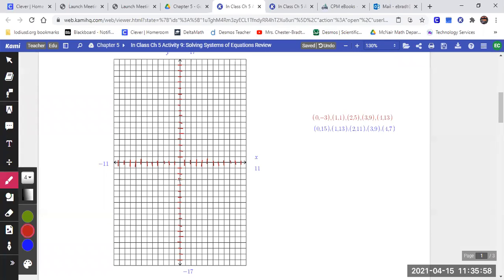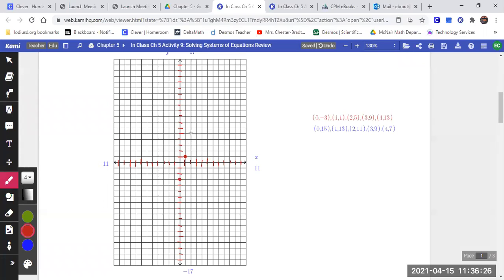The next one says +1, +1. So +1 over, +1 up. The next one says +2, 5. Well, I'm at +1, 1. So 2 is right next to it. And 5 would be 4 up from that. So you don't have to keep going straight up from the line that's at the bottom for the x.